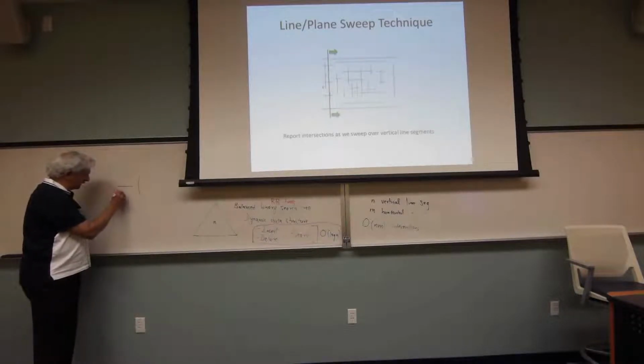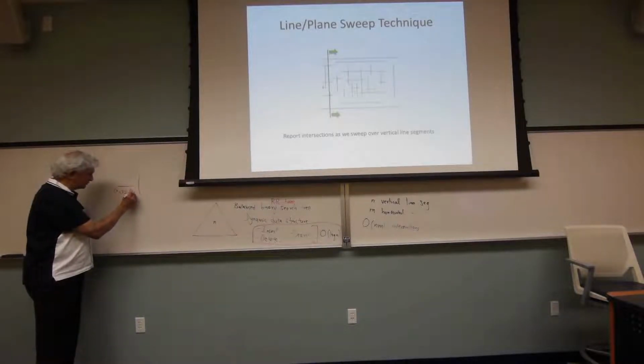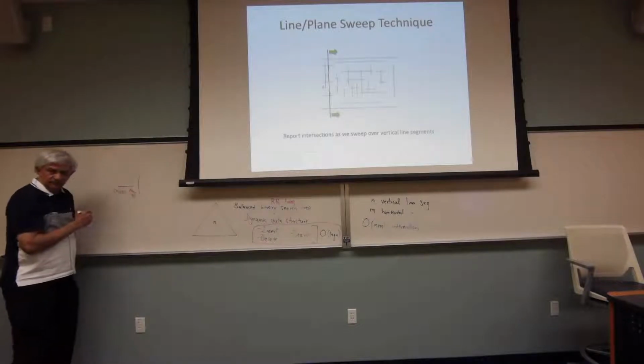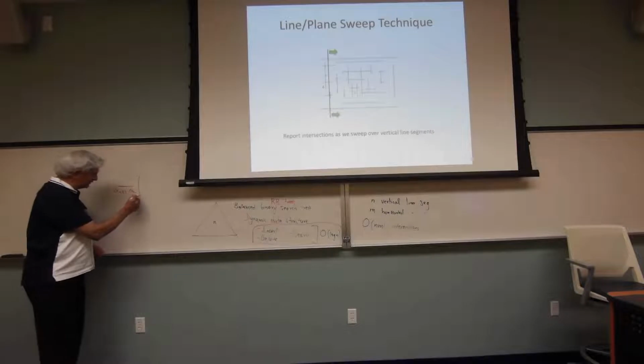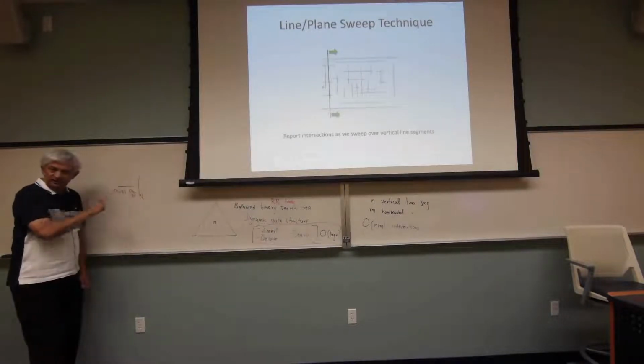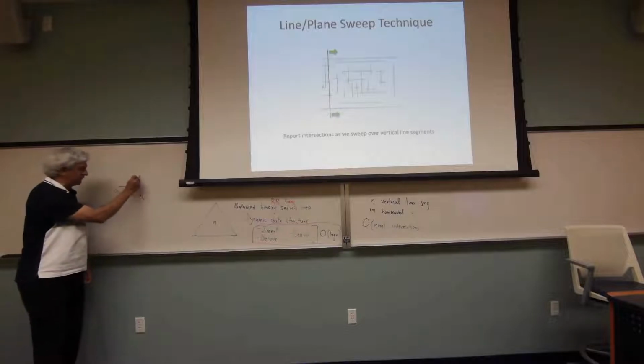Pretty easy to figure this out, because here I would have, sorry, let me call this x11, y1, and this would be x12, y1, right? Because the y-coordinate is the same for both these points. And then for this guy here, let's assume that its x-coordinate is going to be the same for the two endpoints.